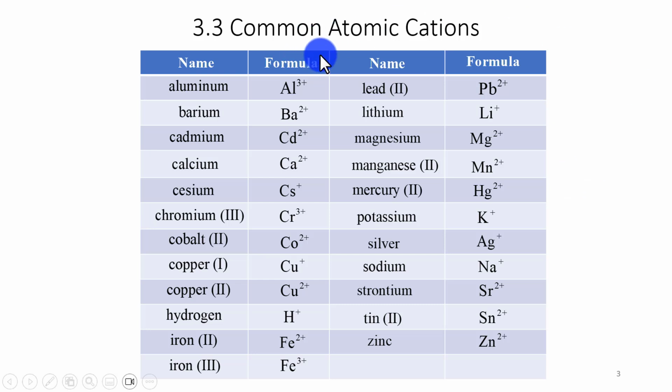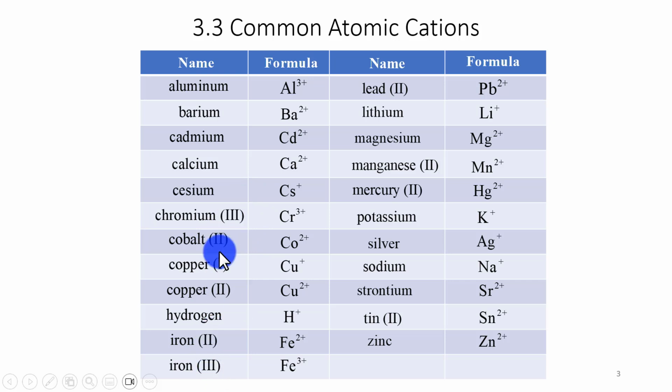Here is the list of the most common atomic cations that we're going to use. This is not an extensive list, but it is the list of the most common ones. Note that for those elements that form multiple ions, we have to specify the charge in Roman numerals.